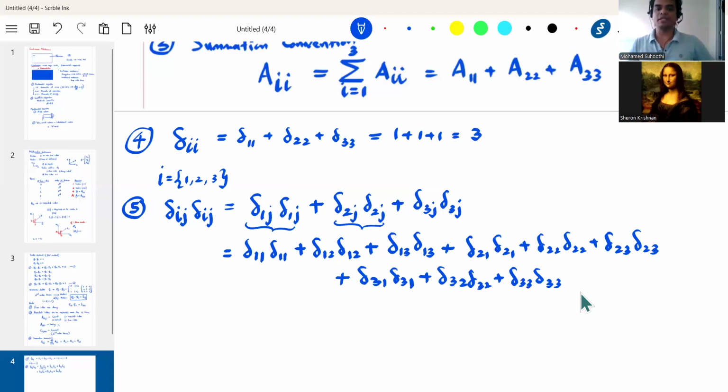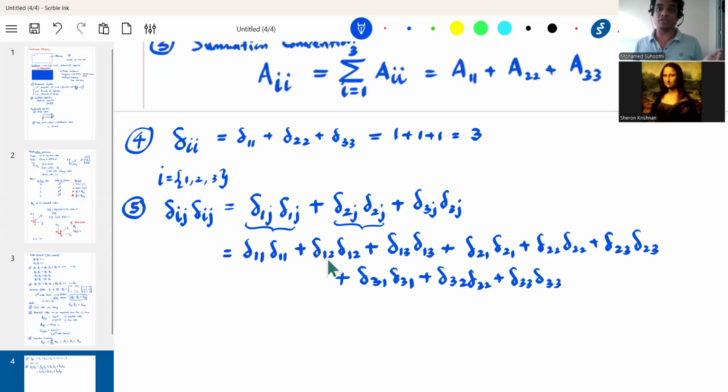That's all. How many terms here? 2, 4, 6, 8, 10. You see, these 10 terms, rather than writing these long expressions, we just write simply like this. So this is the benefit of index notation. But here there are only 10 terms.